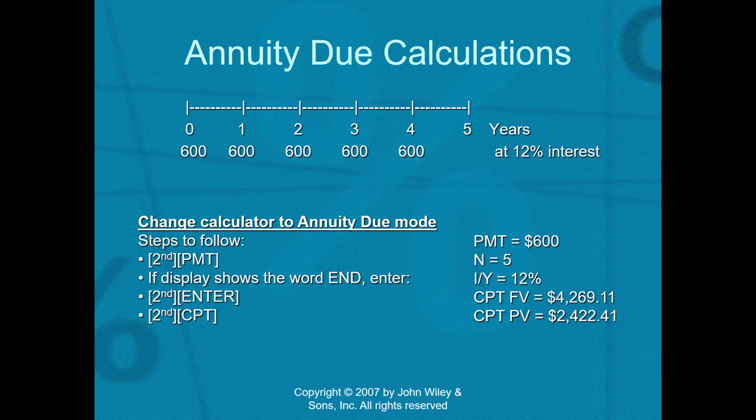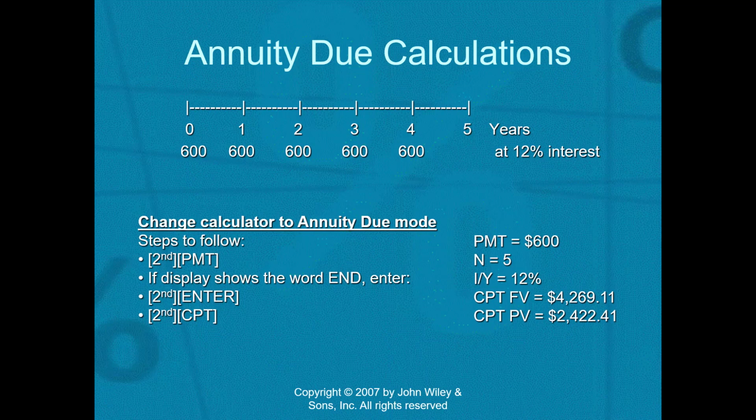All right, so in order to do that, we need to convert our calculator to be able to compute the annuity due calculation. On the left side of your screen, you see the steps to do that. If you have your app opened, you hit second payment, second enter, and the second payment is PMT as it says there, and second enter, and now it says BGN on your screen, and then second compute.